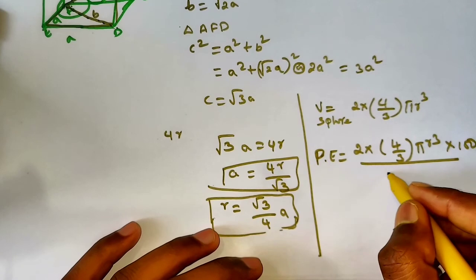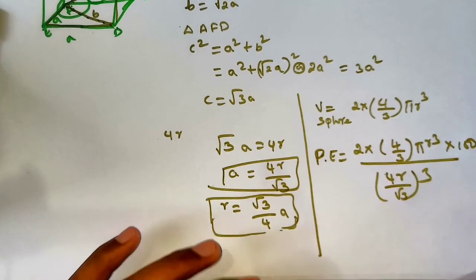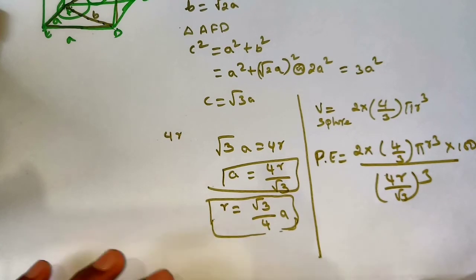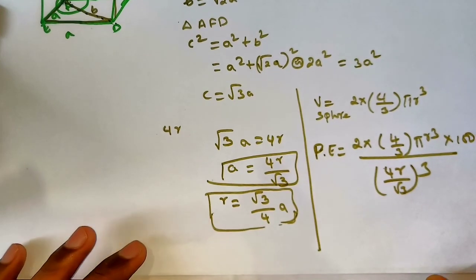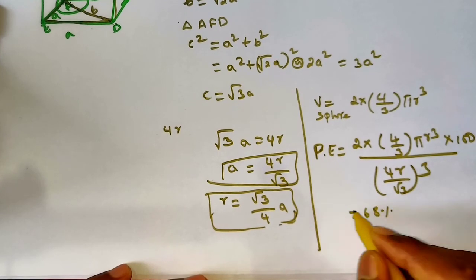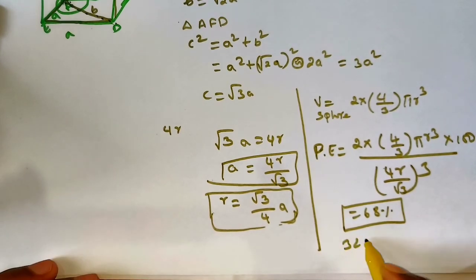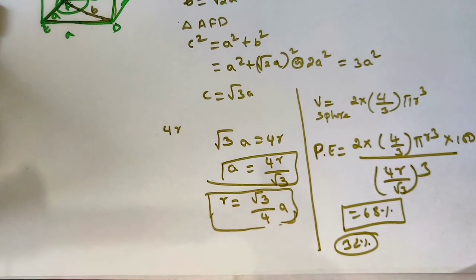A cube, that is 4r upon root 3 whole cube. So finally what will we get? We will get 68%. This much space has been occupied by the atoms in the BCC and around 32% of voids is present in the BCC.